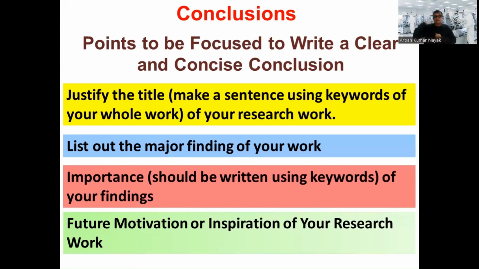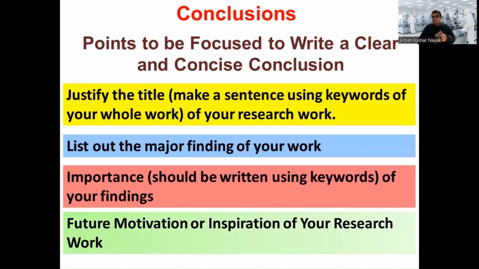Next, what are our new findings which differ from others? What are the new findings or major findings? Not all the new findings, the major findings. What are the major findings of your work? Just list them out. Then what is the importance? How does it differ from others? So mention the importance of your work.